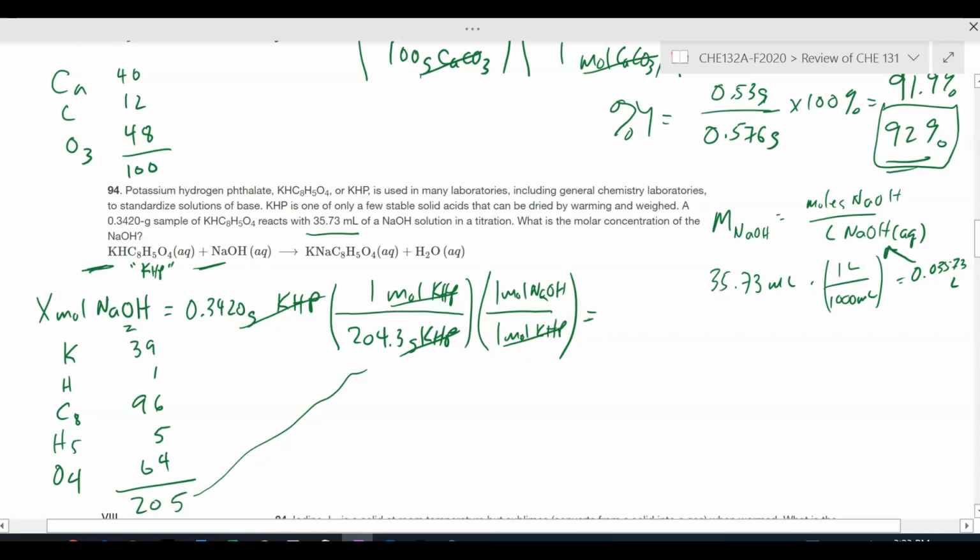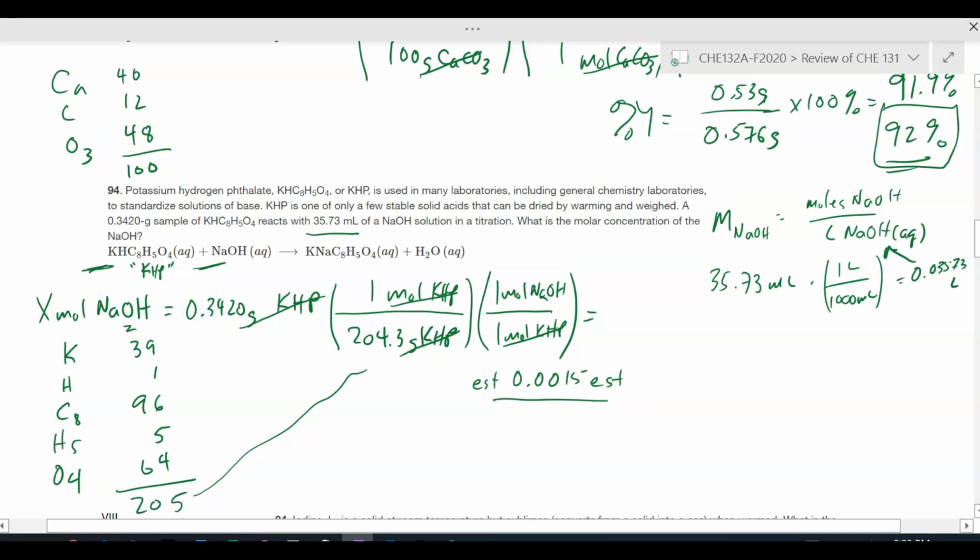So 0.3420 divided by 204.3, that's going to be pretty small. If this were 0.204, that would be 0.0001. So my estimate's going to be 0.0015. So that's my estimate for this one.